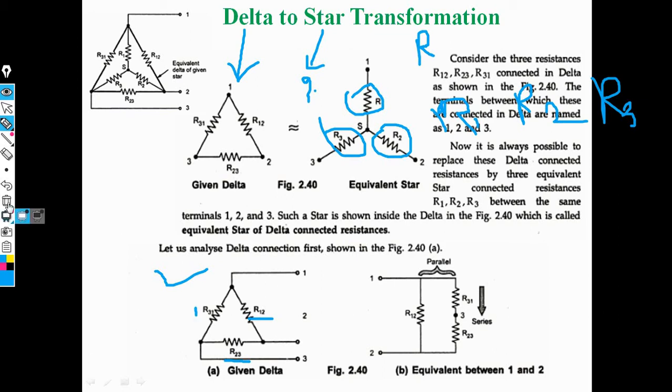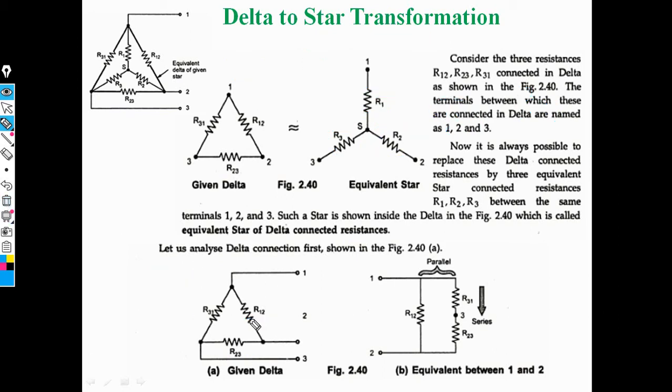Okay, now in this circuit the resistance R12 is parallel to R31 and R23, but R23 and R31 are connected in series.